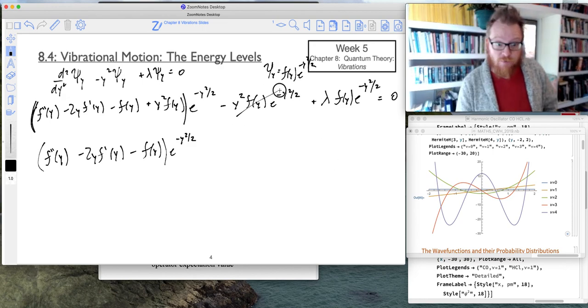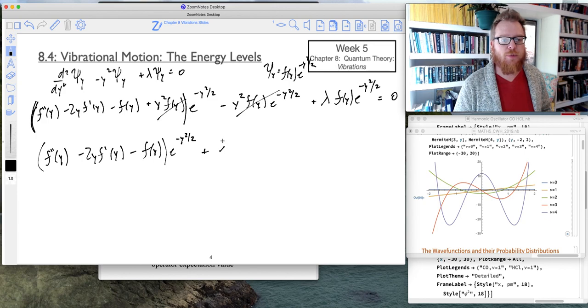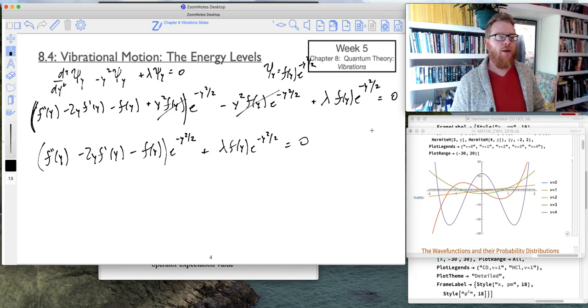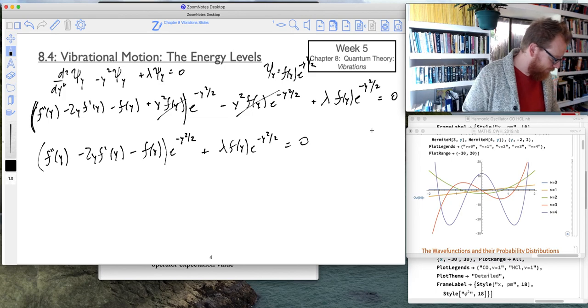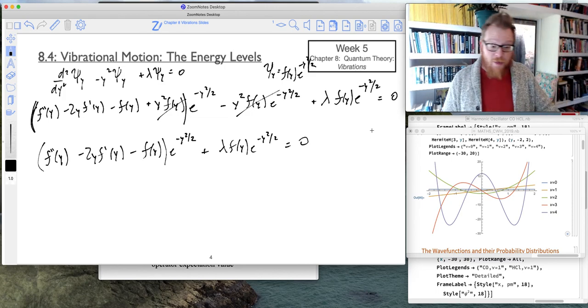And now that chunk goes away. So now this is just plus lambda f of y e to the negative y squared divided by 2. And this is something we can reasonably work with.